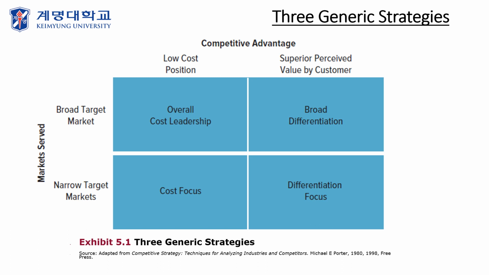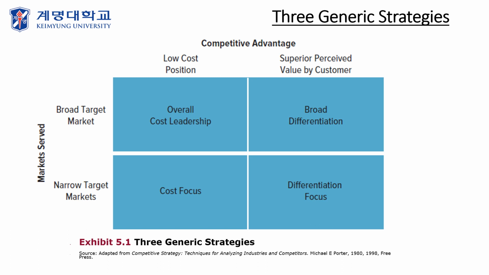The second, differentiation, requires that the firm or business units must create products and or services that are unique and valued. And lastly, firms following a focus strategy must direct their attention toward narrow product lines, buyer groups, or geographical markets.